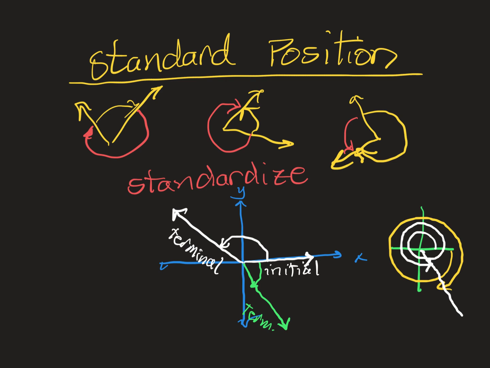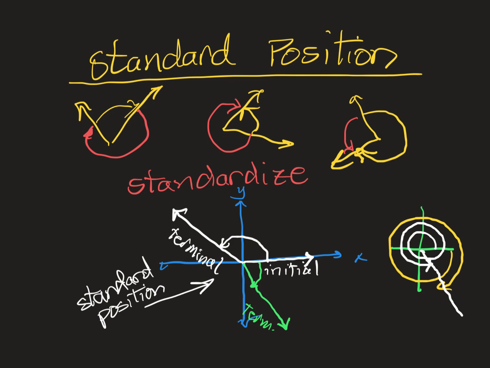Now, just briefly, we call these angles in standard position. If the initial side is on the x-axis and the terminal side is a rotation around from there, then that's an angle in standard position.